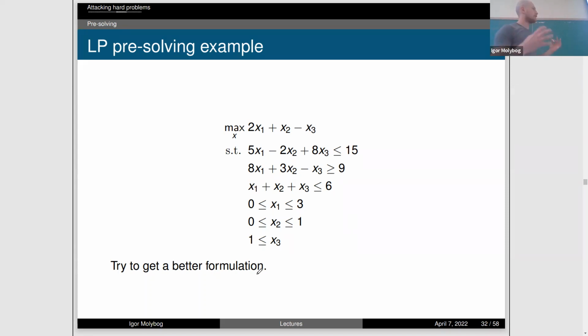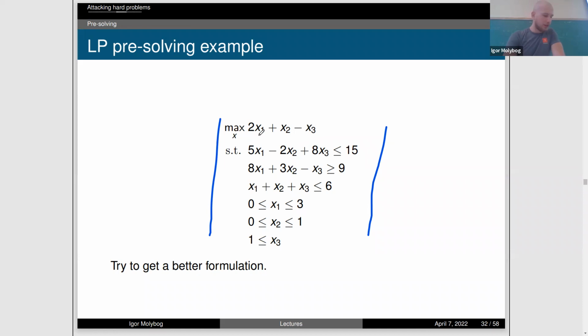Therefore, there is a very big machinery in the IP solvers, but we will start with LP pre-solving, because this is the first stage of any pre-solving procedure.